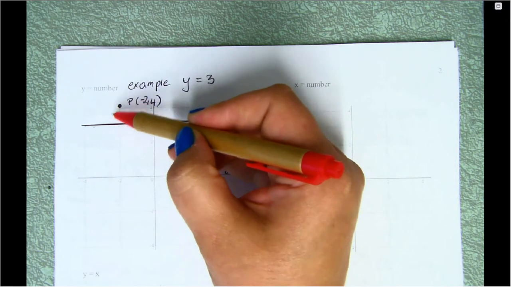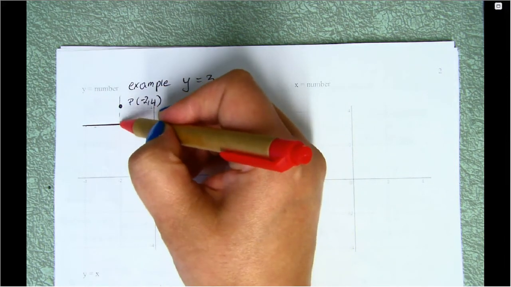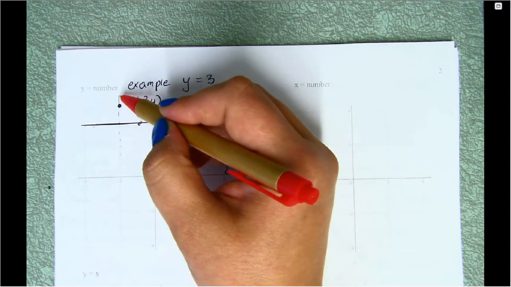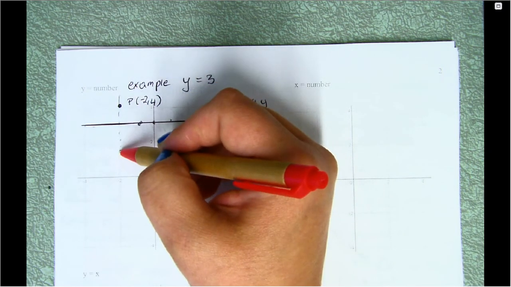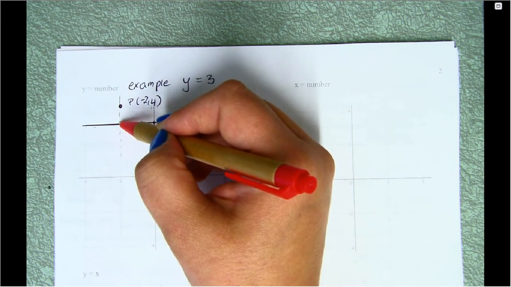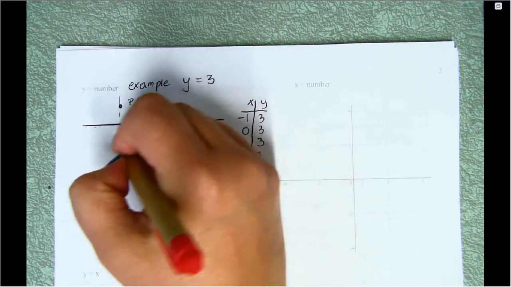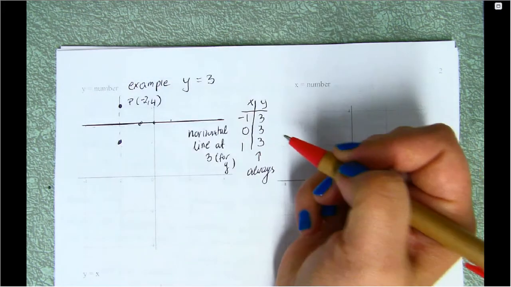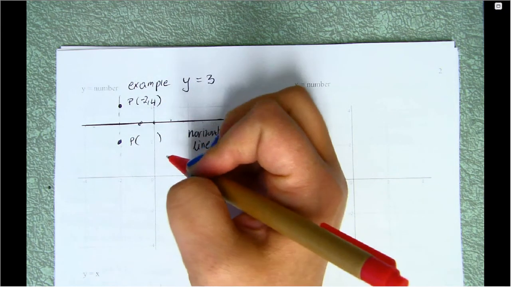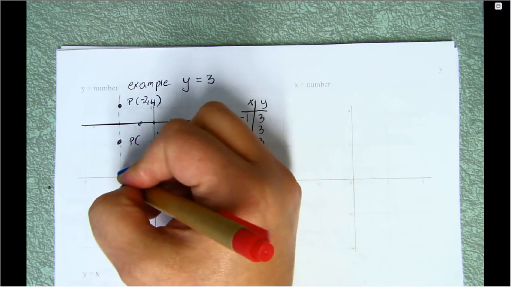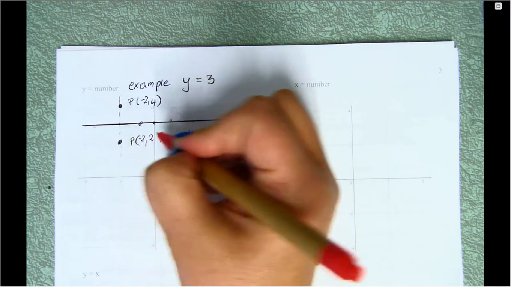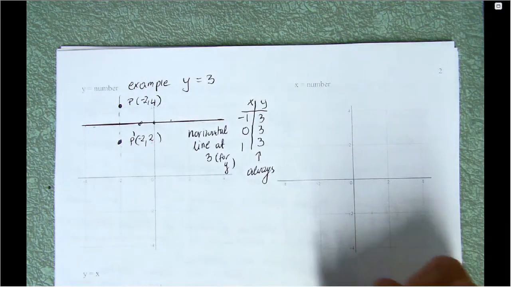That means I need to end up on the other side, somewhere along wherever P was, just on the other side of it, right? How many units away? It's only 1 unit away from my mirror. So I'm going to move 1 unit away in this direction from my line of symmetry. So I'm going to check my point. My new point coordinates are negative 2 for x, and 2 for y. That's my point P prime.